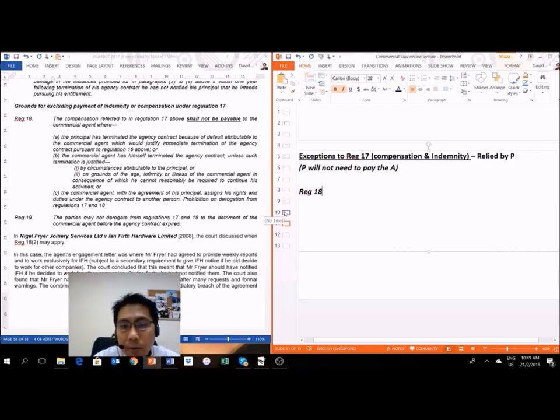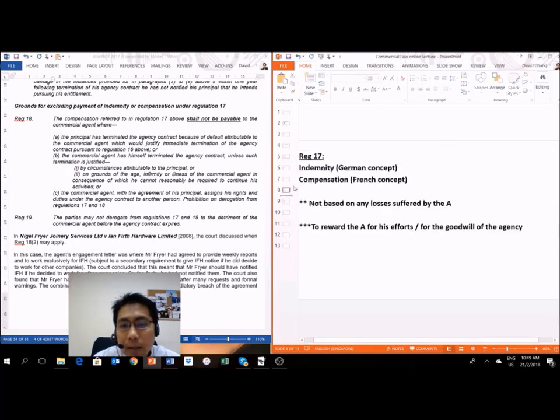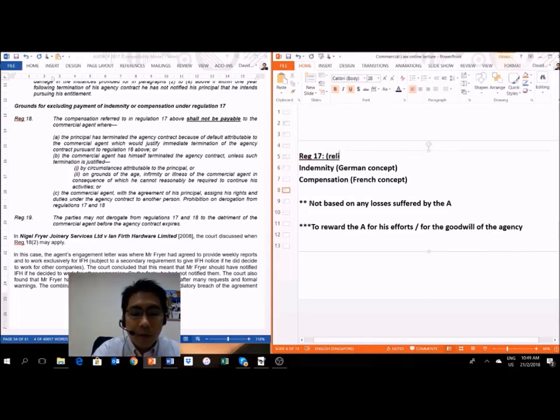But just back to the earlier two slides, Regulation 17, for both indemnity and compensation, will obviously be relied on by the agent. Because if the agent is able to successfully satisfy the provisions in Regulation 17, he can get either indemnity or compensation, as explained just now.